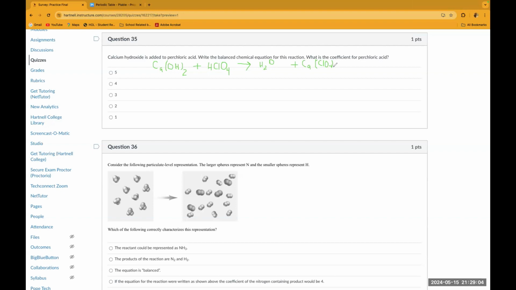Two. How many perchlorates do we need to balance out calcium? We're going to need 2 because perchlorate is a -1 charge. Calcium is a +2 charge, so we're going to need 2. Okay, is it balanced?